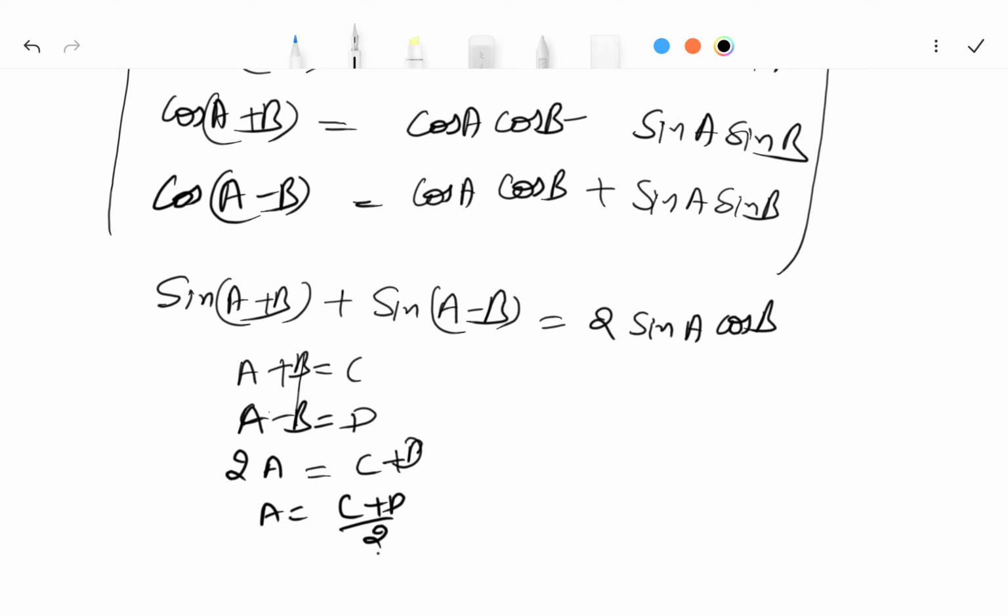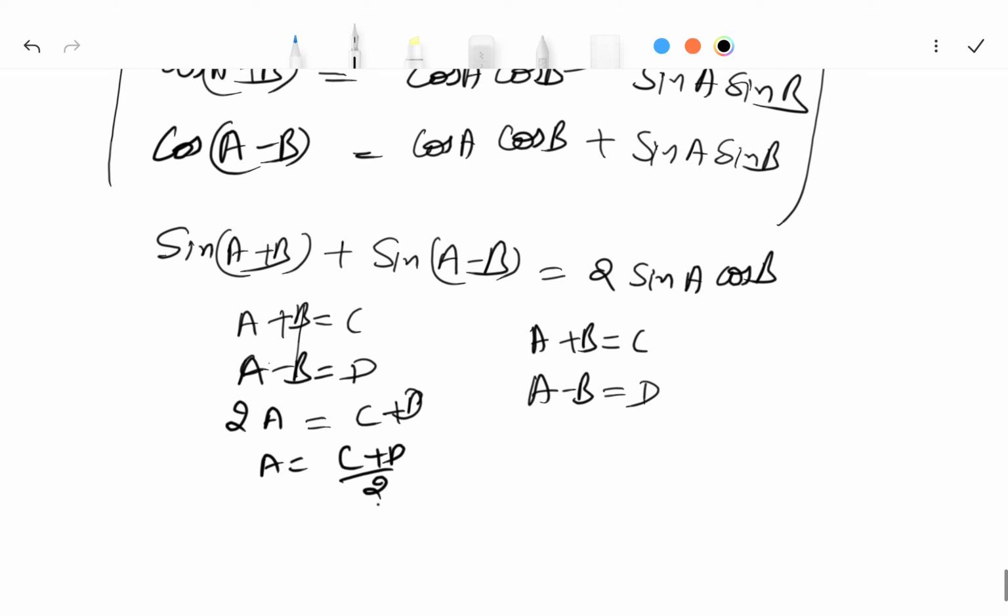You got it? And if I take A plus B equal to C, A minus B equal to D, and I subtract both sides, I will get 2B equal to C minus D, and B is equal to (C minus D) by 2.